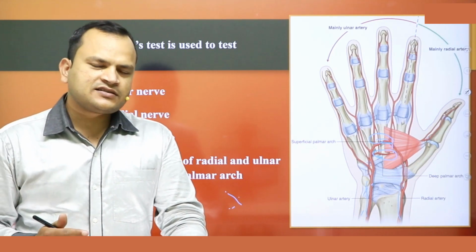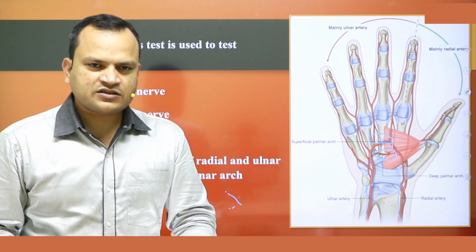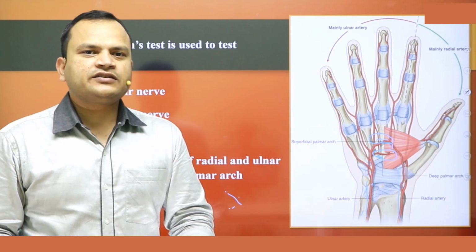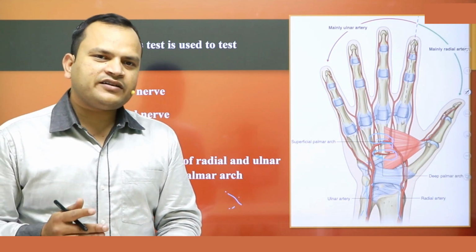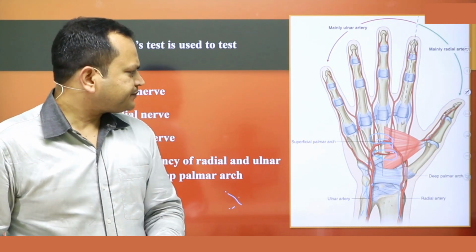Another related question: the ulnar artery provides 80% of the blood supply to the hand, while the radial artery supplies only 20%.